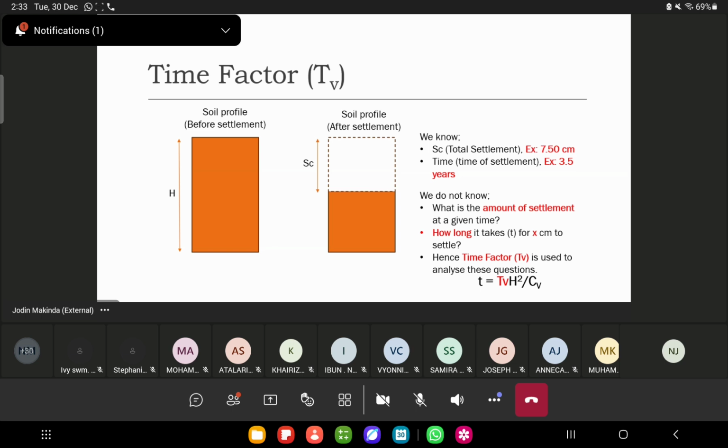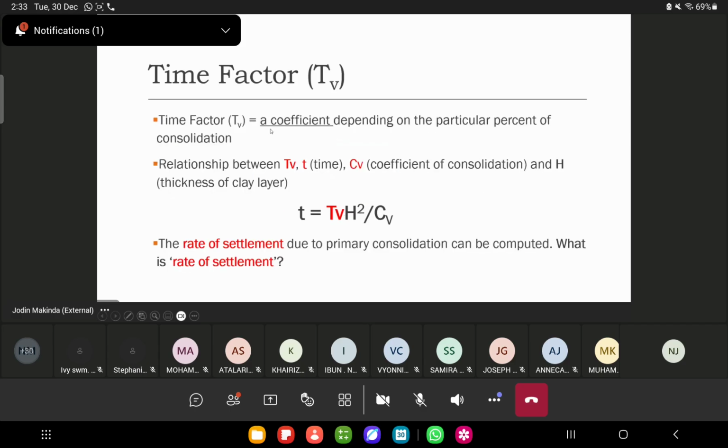TV is a constant that we use to study the amount of settlement over a given time and the amount of time over a given amount of settlement. Yeah, so we call it time factor. Symbol given is TV. Now, what is TV? What is time factor?